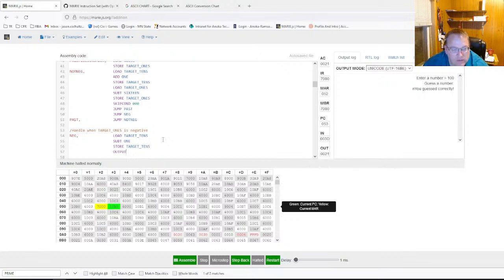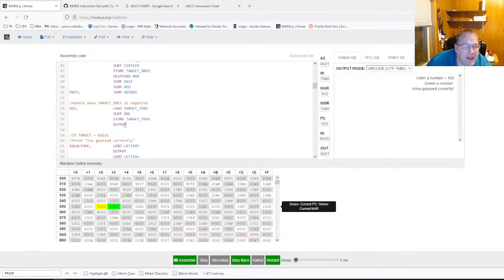And then we don't need an output here. What we are going to do here is, sure, I'll go ahead and store that. That's fine. And then, so I add 1 to that.